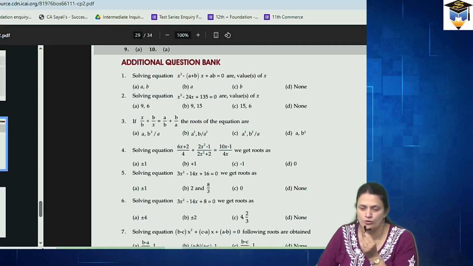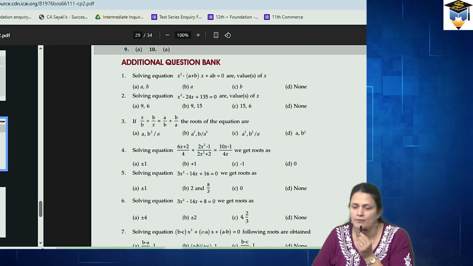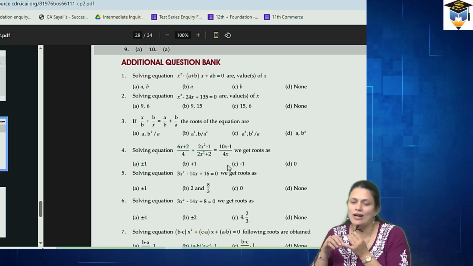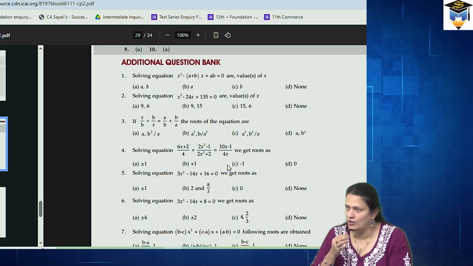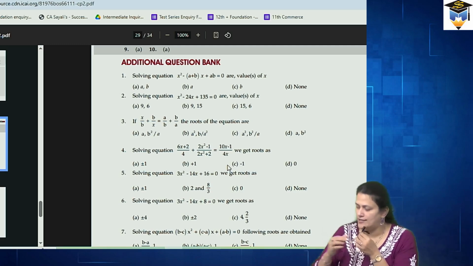I want the students to try the next one. x square minus 24x plus 135 is equal to 0. You have to substitute the values of x. So tell me which is the correct option. Online students, please tell me the answer. If you can find it on the calculator, please let me know.